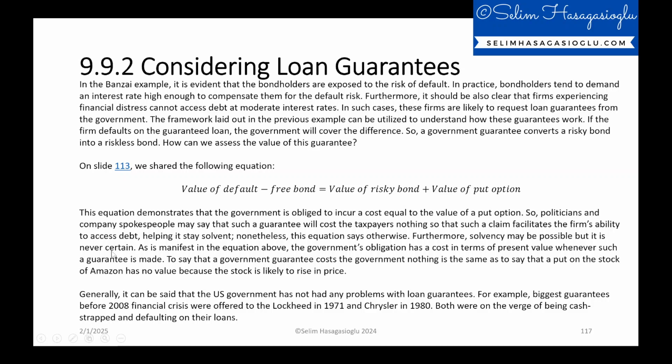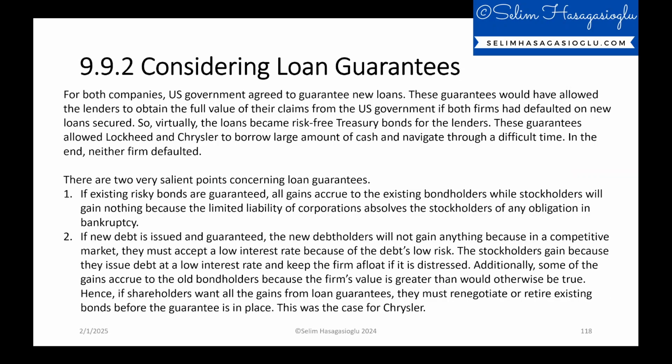Generally, it can be said that the US government hasn't had any problems with loan guarantees. For example, the biggest guarantees before the 2008 financial crisis were offered to Lockheed in 1971 and Chrysler in 1980. Both were on the verge of being cash-strapped and defaulting on their loans. For both companies, the US government agreed to guarantee new loans.